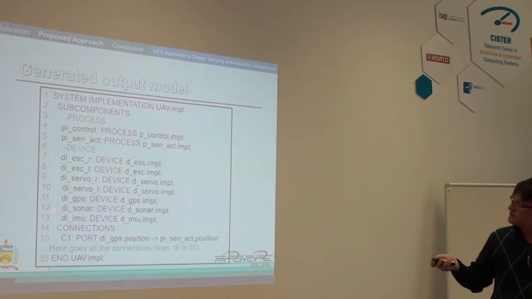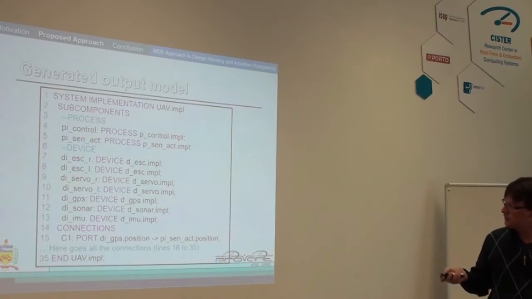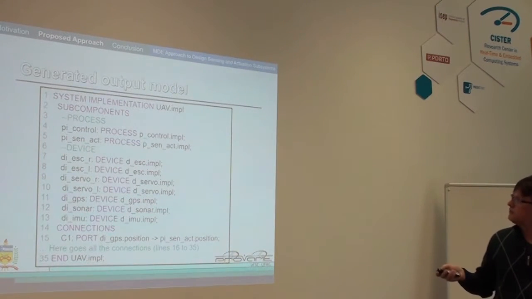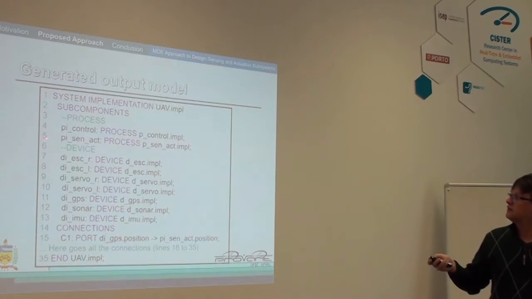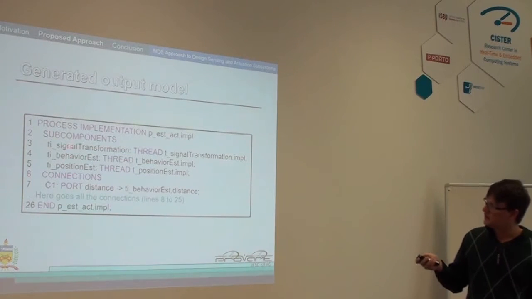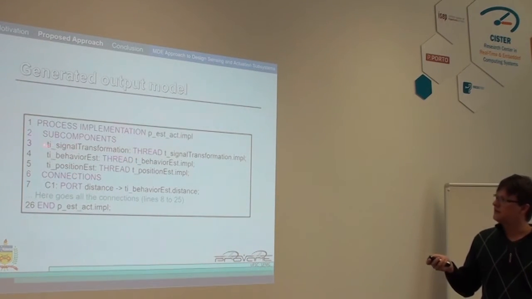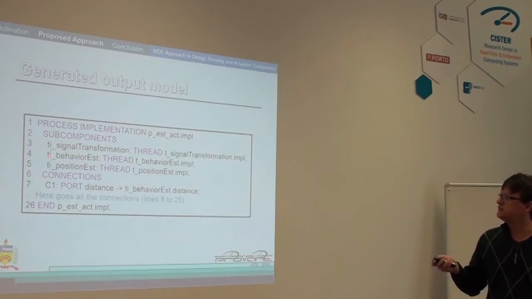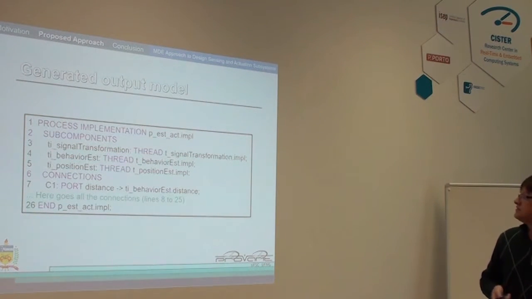And here we have a set of devices of the system. So extending the sensing and actuation process model, we can see here a set of threads that are responsible for the actuation and the system behavior.